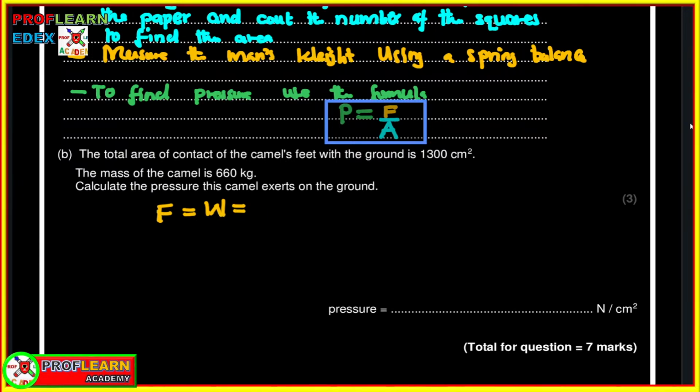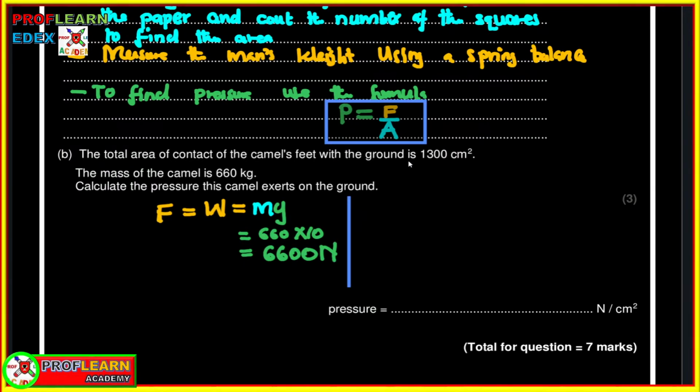And remember that weight is obtained by mass times gravity, which is going to be equal to 660 times 10, which is 6,600 newtons.